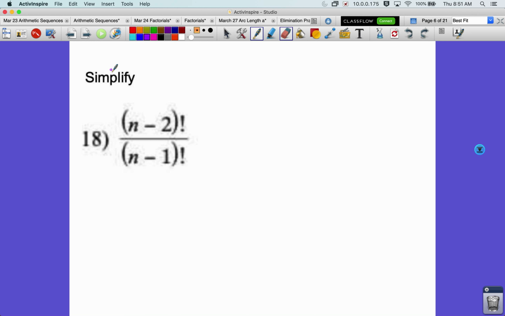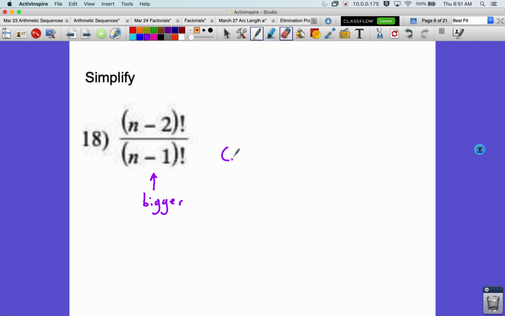All right, one more from the worksheet. We had n minus 2 factorial over n minus 1 factorial, and we were asked to simplify this. Well, when we simplify this, we have to figure out which of these is bigger. And it's actually the one on the bottom. If I take any quantity and subtract 1, well, that's going to be a bigger number than taking that same quantity and subtracting 2. So this is the one that we want to back up.